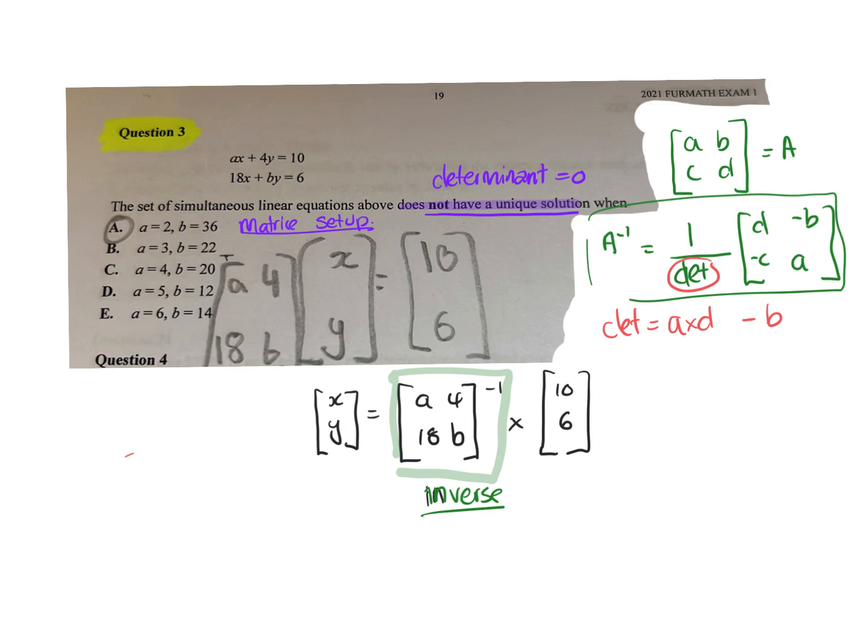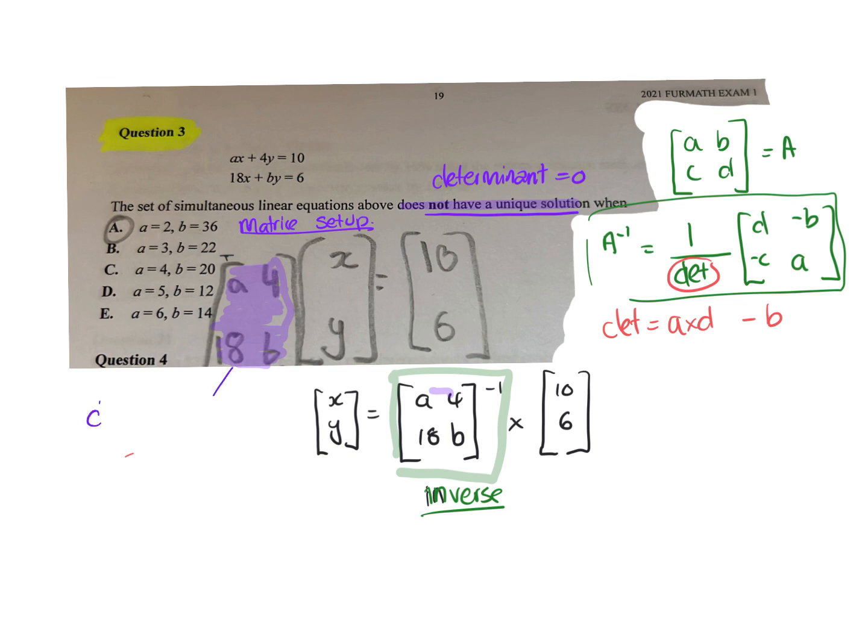So what we're going to do in this question, if we find the determinant of this matrix that you've set up just there, we want it, if it equals 0, then we will not have a unique solution. So we'll go do that.